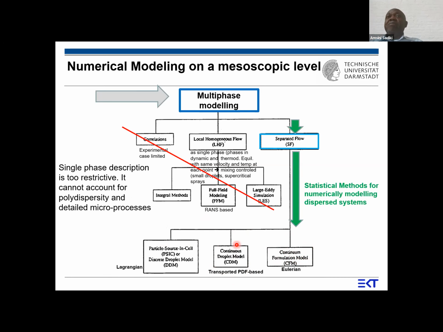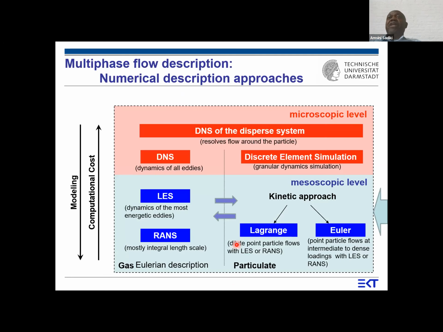And if we couple them now to account for the coupling, then we have this multiphase flow description, in which we can describe at the microscopic level, we can try to resolve flows around the particle, and also to resolve the particle itself, in which we have the DNS of the dispersed system.